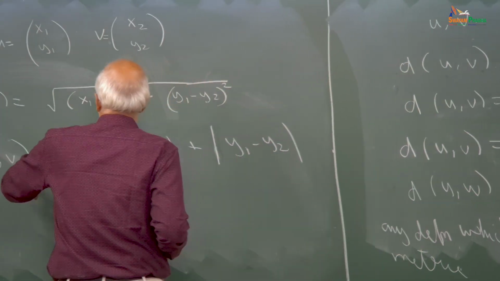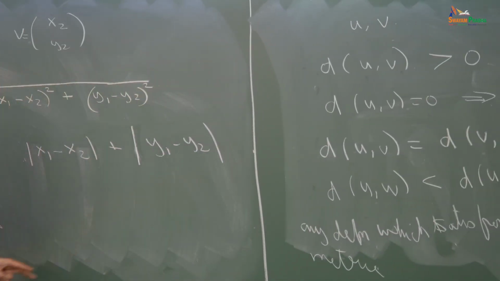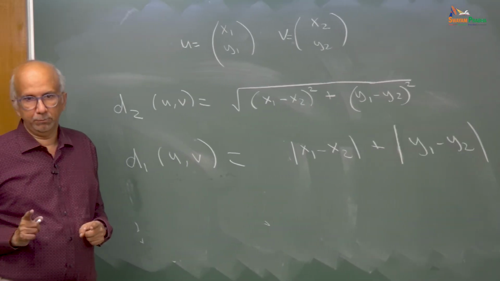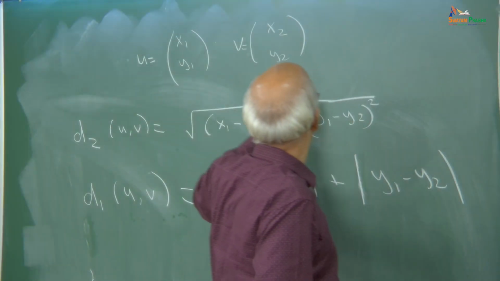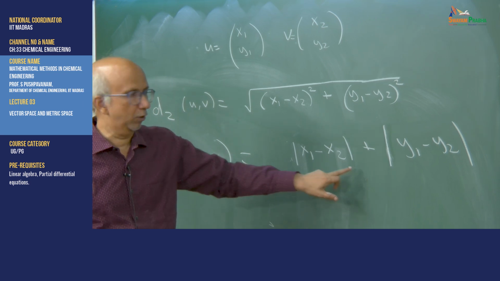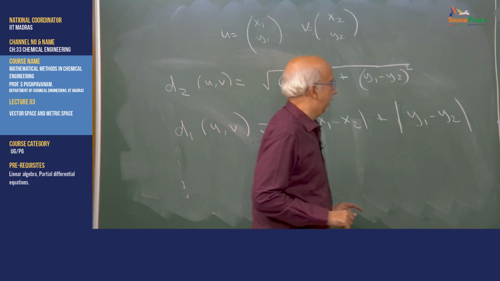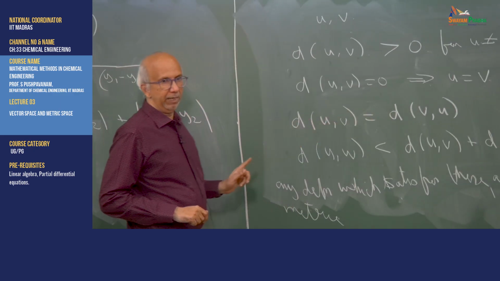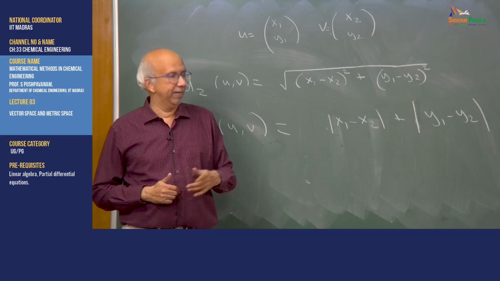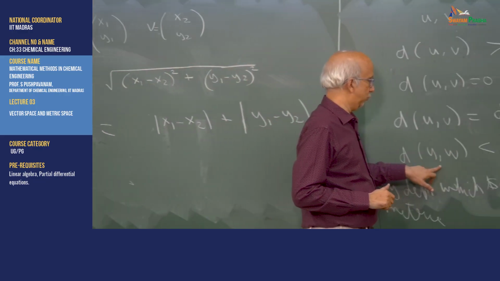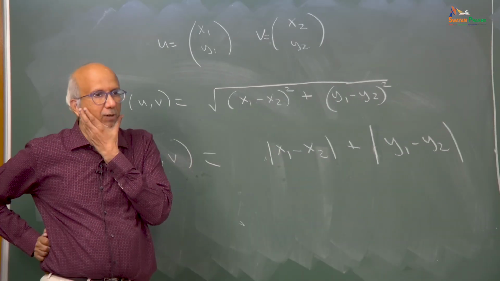Now, for example, does this definition satisfy the first one? Because it is absolute values, it will always be positive. What about the second one? If u is equal to v, then it is going to be 0 because x1 will be equal to x2, y1 will be equal to y2. What about the third one? It is also satisfied because you just have to flip and you take the absolute value anyway. And similarly, you can argue and show that it satisfies the last one also, the triangle inequality.